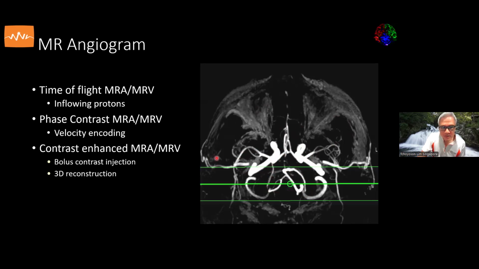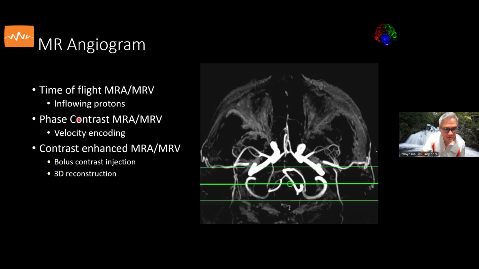So this happens to be a time of flight MRA, where inflowing protons into the voxel will give us the flowing blood information. Phase contrast uses a slightly different method of using vascular encoding to code for fast-flowing MRA or slow-flowing MRV and cut off the velocity for the other structures.